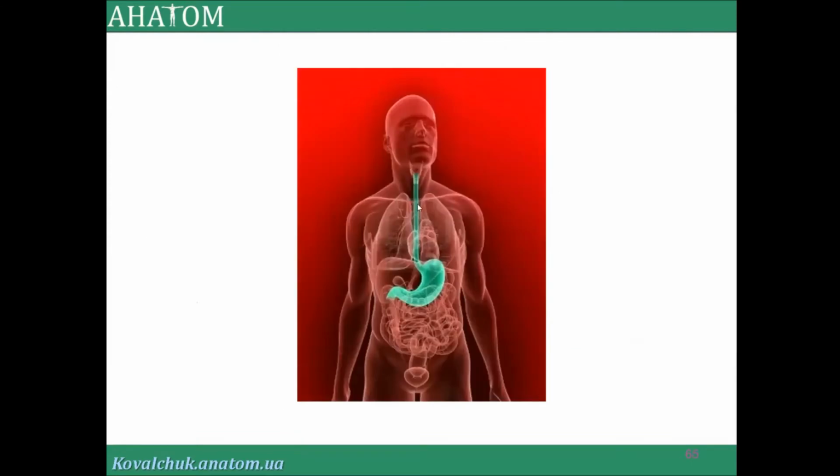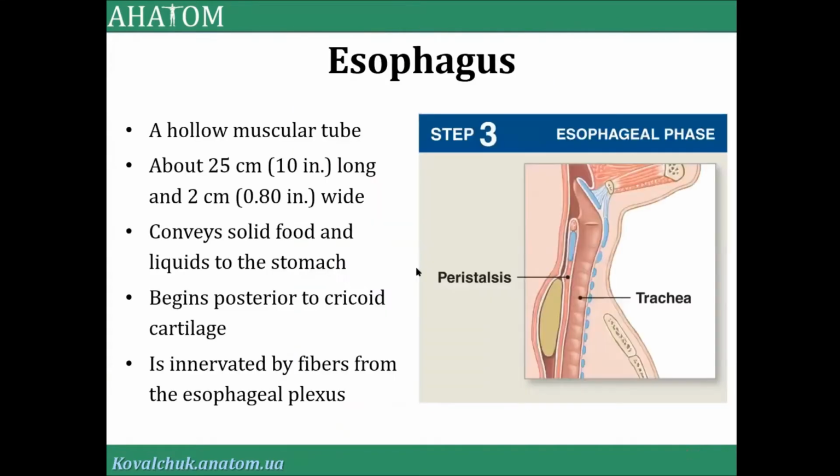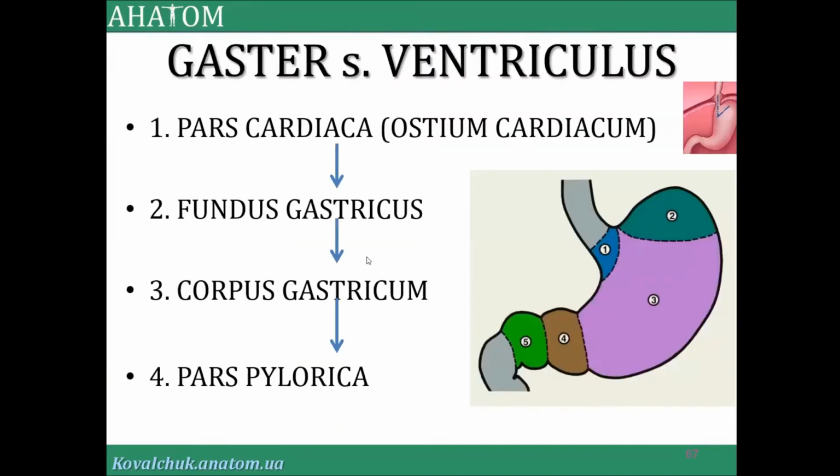Cervical in the neck, thoracic in the thoracic cage, and in a small part after the diaphragm, connecting with the stomach, it will be the abdominal part. Esophagus has a long way connected with the stomach.